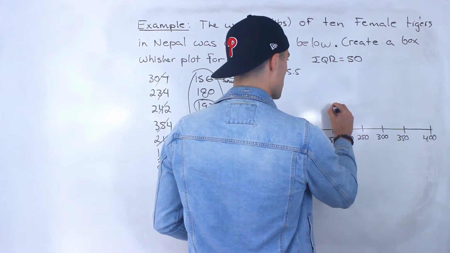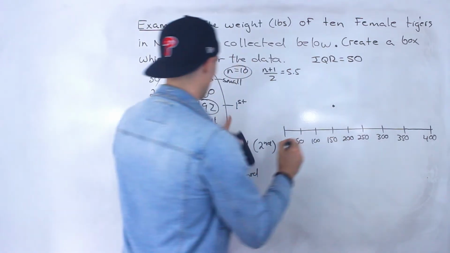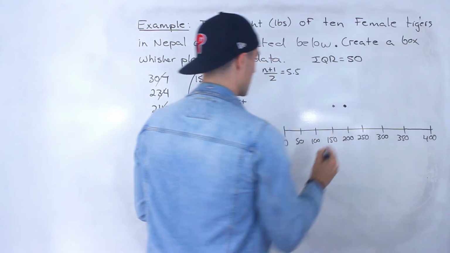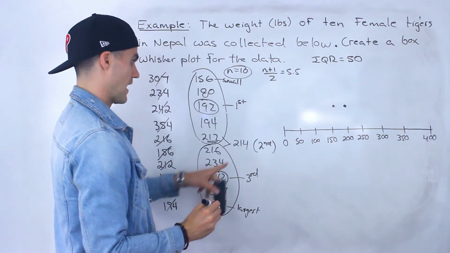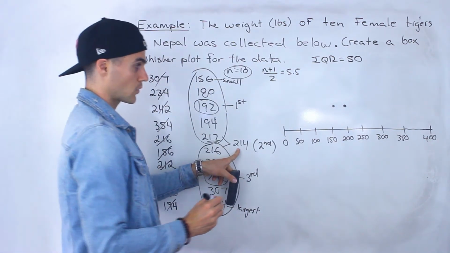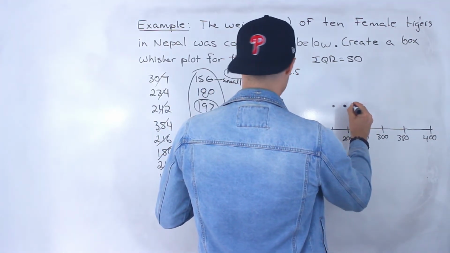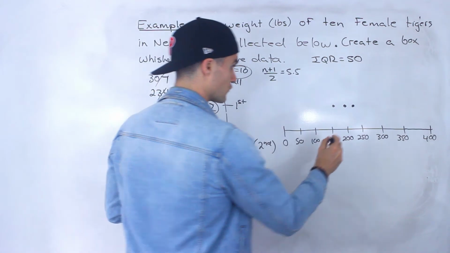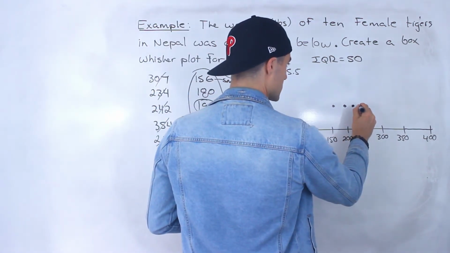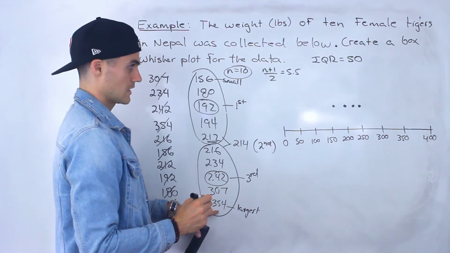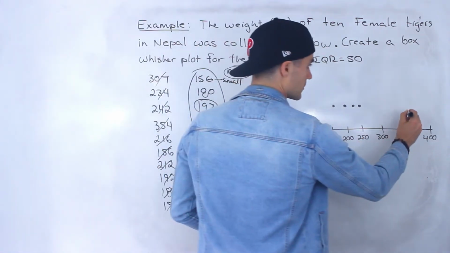That would be about there. Then we'll have 192, which would be over here. Then we'll have 214. That's where the second quartile is going to be. So that's going to be somewhere there. Third quartile, 242. Geez, these are all really close together. I didn't even realize. And then 354, it's going to be all the way out here.